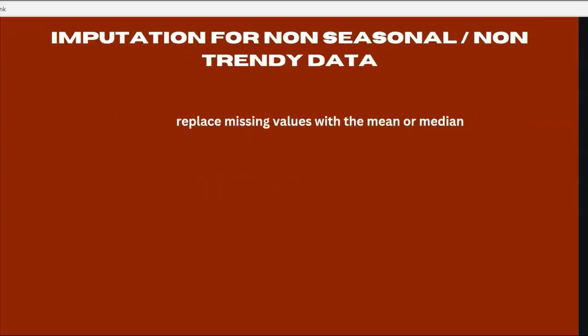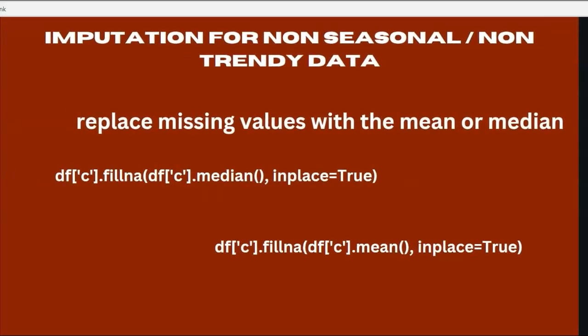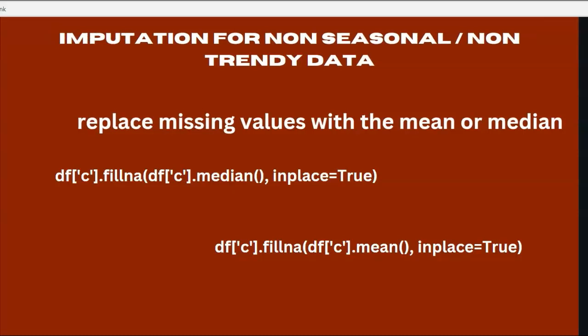So this is the format for replacing, that is df column fillna, df column median, inplace true. Same for the median part. So this is how you could use these expressions for replacing the null values in a data set which is non-seasonal and non-trendy with either median or mean values.